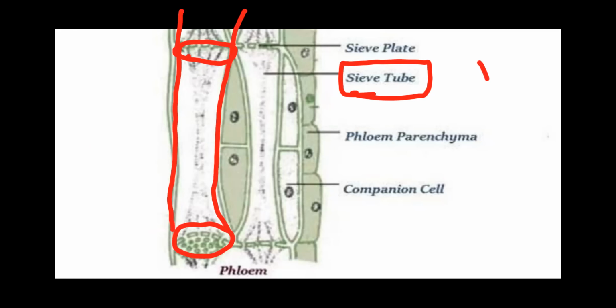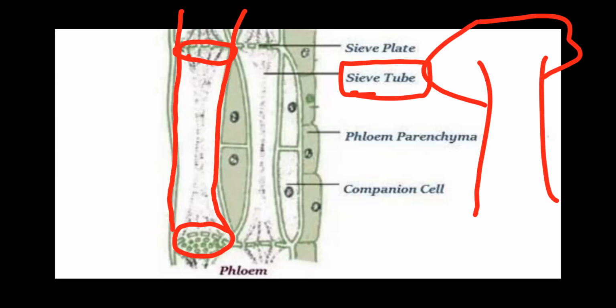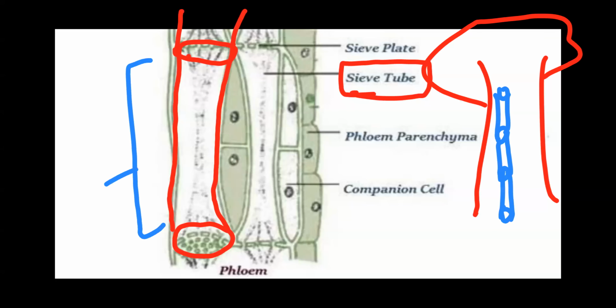So inside the plant body, you can see that a series of sieve tube elements placed one above the other make a sieve tube.